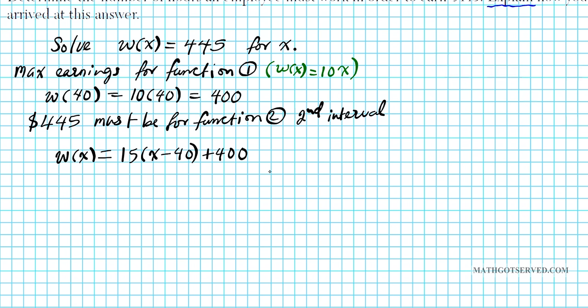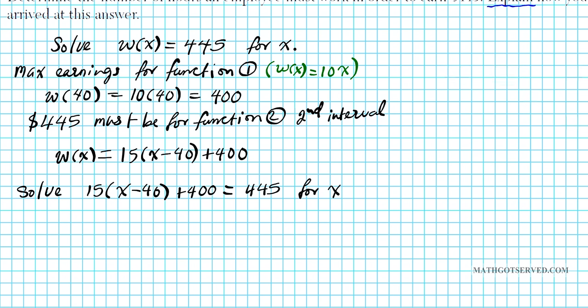That's where 445 can be. Now we're going to set this equal to 445, so we're solving the equation 15 times x minus 40 plus 400 equals 445.